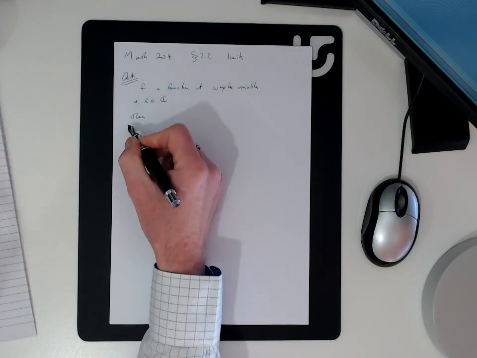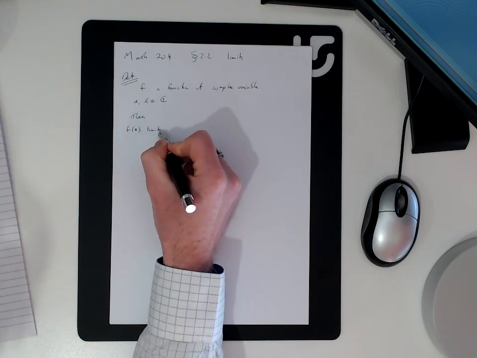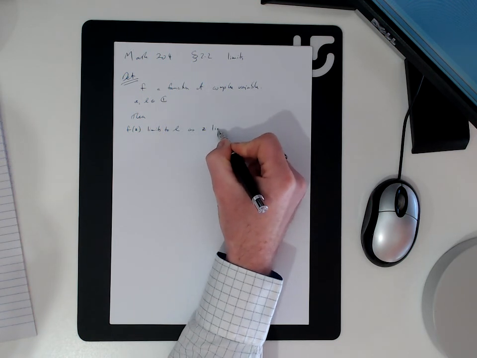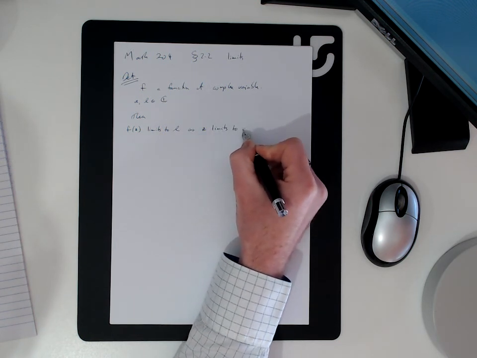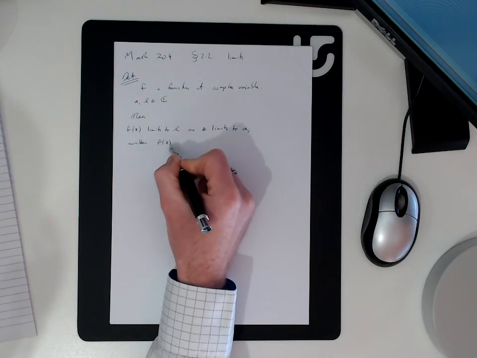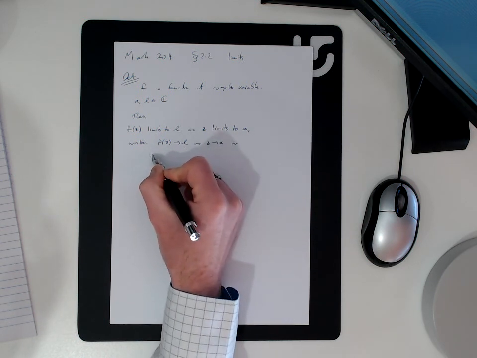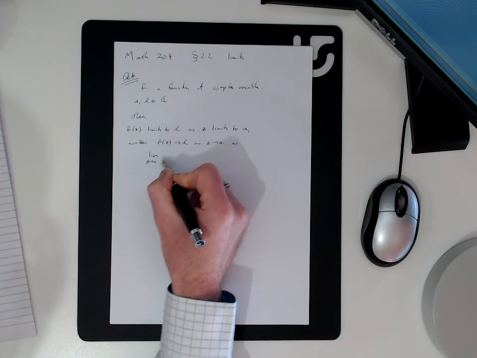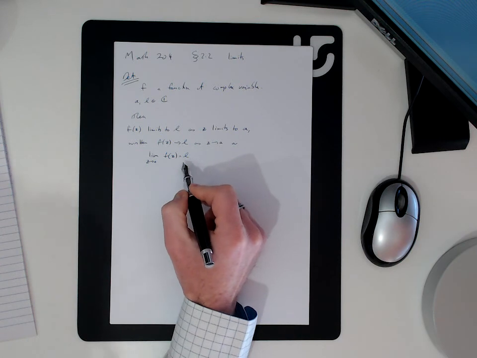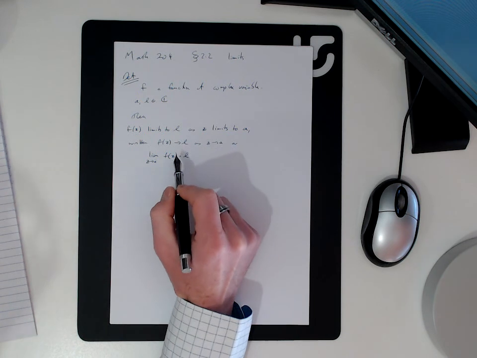Then f of z limits to L as z limits to a, written f of z goes to L as z goes to a, or the limit as z goes to a of f of z equals L. And sometimes where it's clear from context, this portion might be left out, so you'll just see the limit.